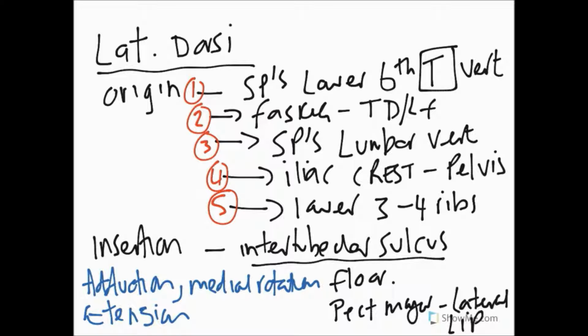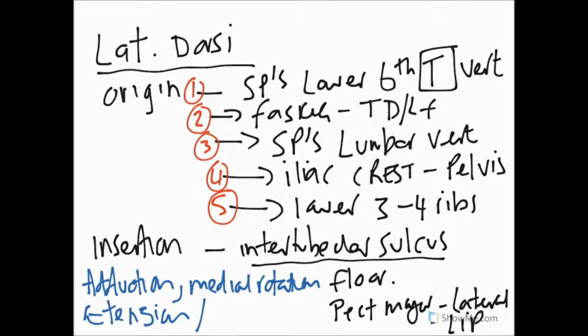So we get extension of the arm at the glenohumeral joint as well. It's also worth mentioning at this point the innervation, and the innervation to the lat dorsi muscle is the thoracodorsal nerve, which is C6, C7 and C8.